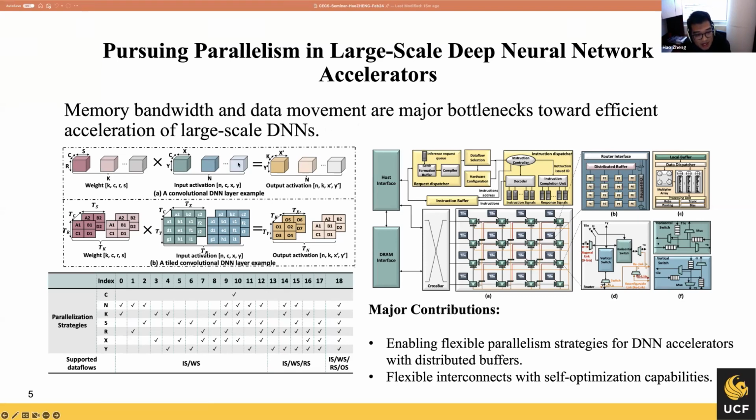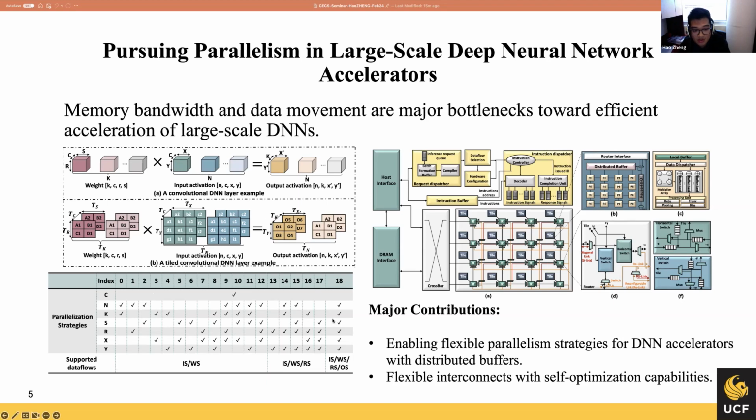To better illustrate the problem, I give a toy example here. This is a typical convolution layer within DNN models. If we formulate this problem as an equation, a nested loop with multiple indices, the most common optimization technique is to interchange the order of those indices or loops to reduce the memory access requirements. But which one is the best?